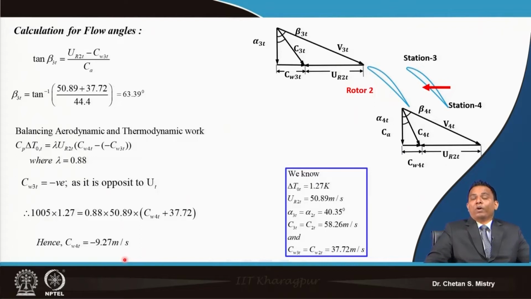Okay. Now once the relative velocity and relative flow angles are known, and my absolute components are known, later on we will be calculating parameters called de Haller's factor and my diffusion factor. So let's move in that direction.